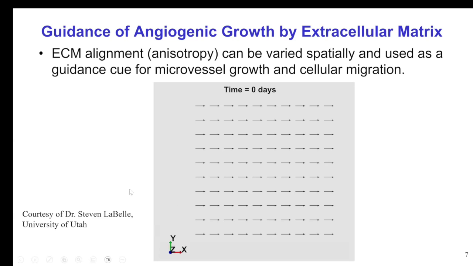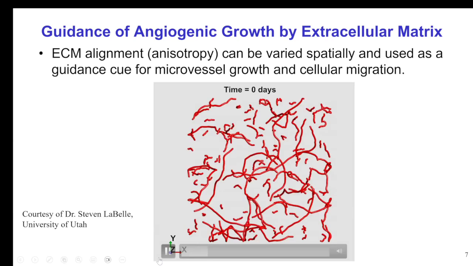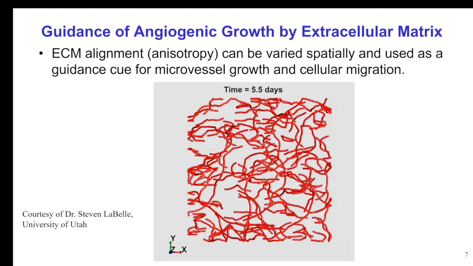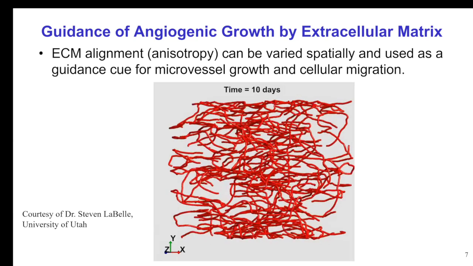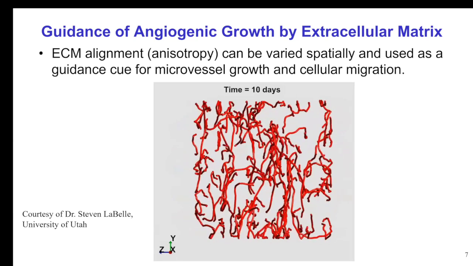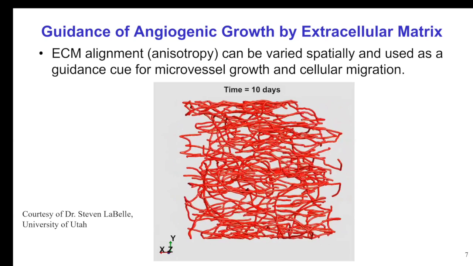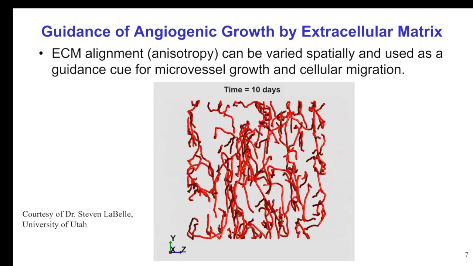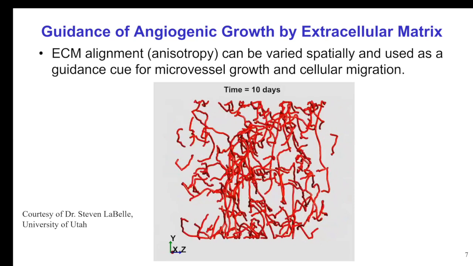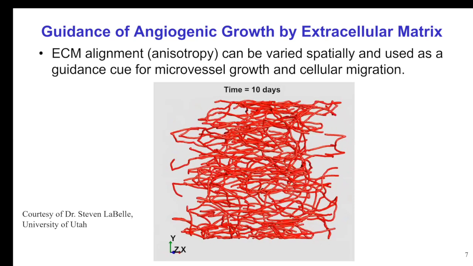And so we've coupled a discrete model of angiogenesis with FEBio, and basically what it does is it queries the properties of the extracellular matrix, and using rules-based growth of the vascular networks, we can predict the orientation changes that would occur in, for instance, an aligned collagen gel versus a collagen gel with a random orientation.